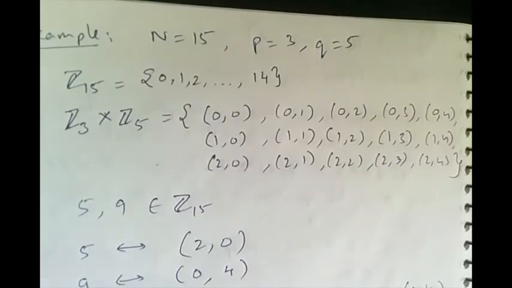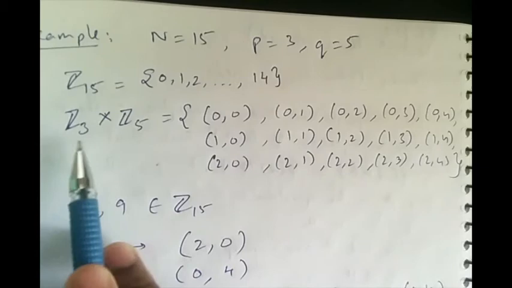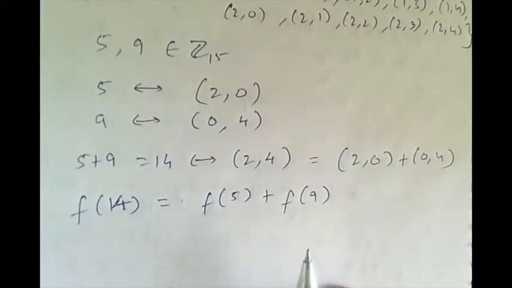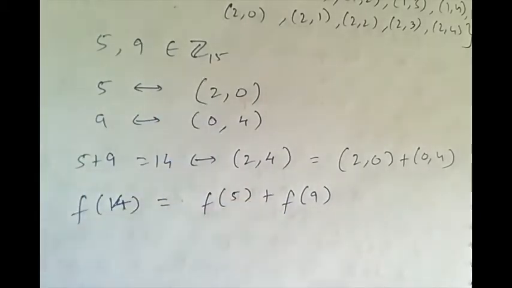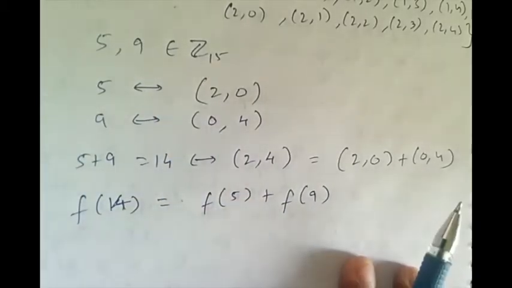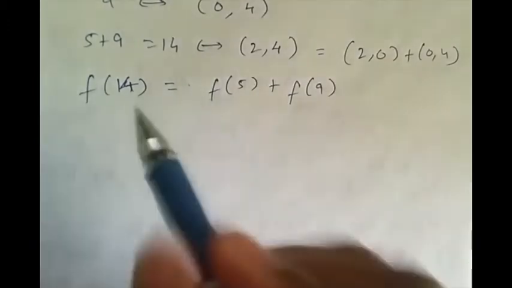So we are just looking at the first part of the Chinese remainder theorem: Z15 is isomorphic to Z3 cross Z5. We just looked at one particular choice of pair of elements from Z15, and we are making sure that the mapping is faithful to the claim of the theorem. So now let's look at Z15 star.